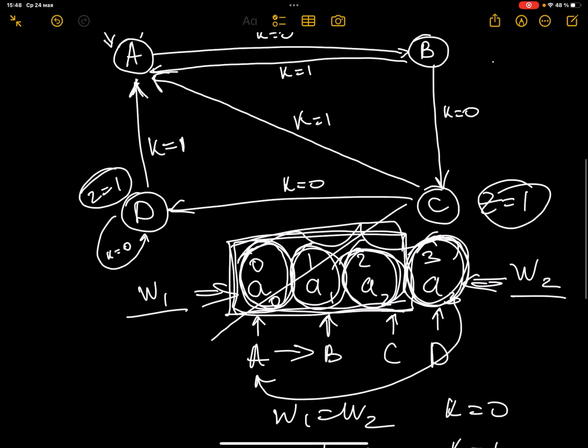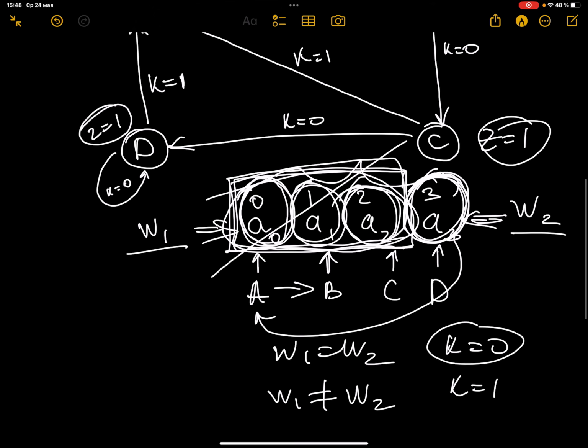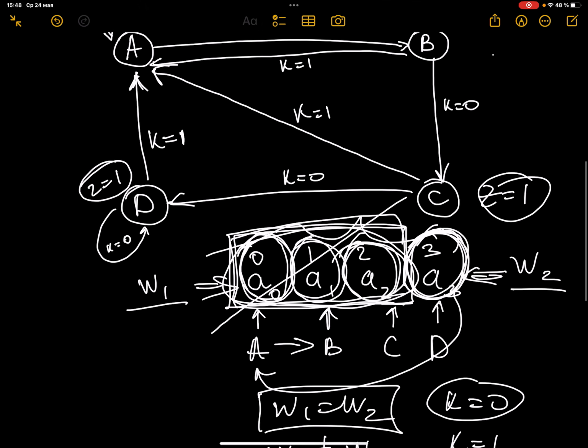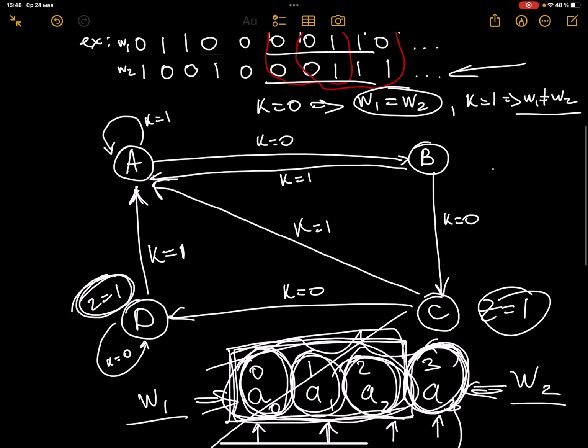So when 3 consecutive bits are the same, and at the fourth bit we also have K equal to 0, which means W1 and W2 are the same, that means 4 consecutive bits are the same, and our function produces a 1 signal. In all other states, at A, at B, at C, our Z is 0.